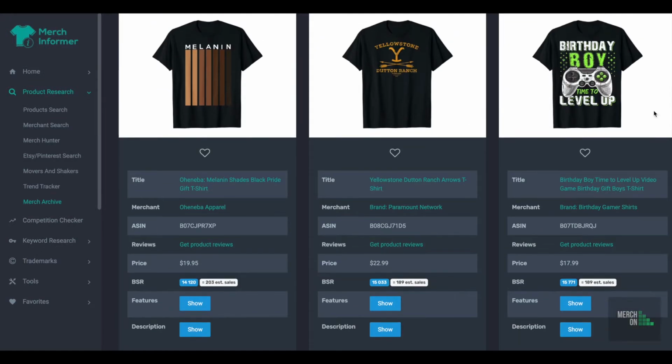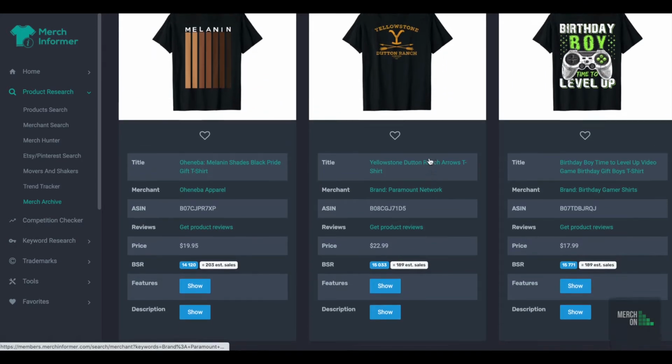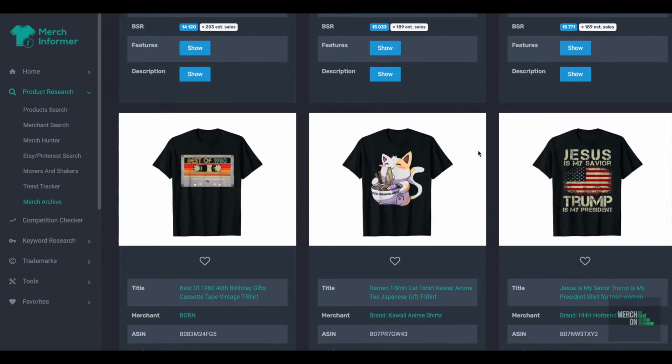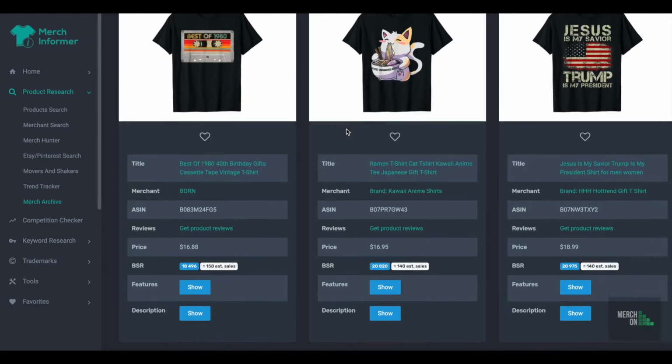You can see this birthday shirt had estimated sales of 189. So it just kind of gives you ideas on what you could design for, like anime or kawaii, Japanese style.